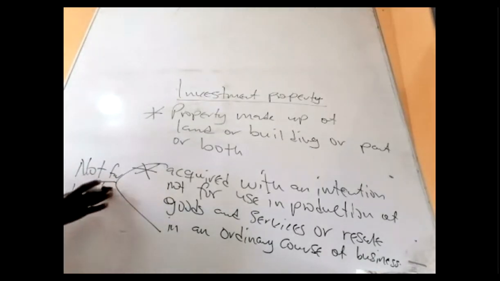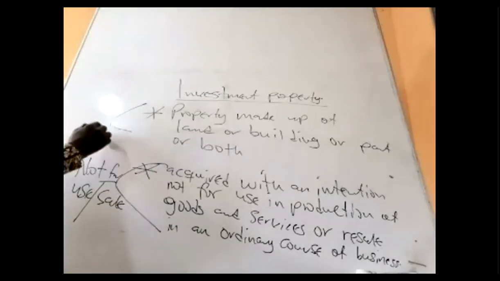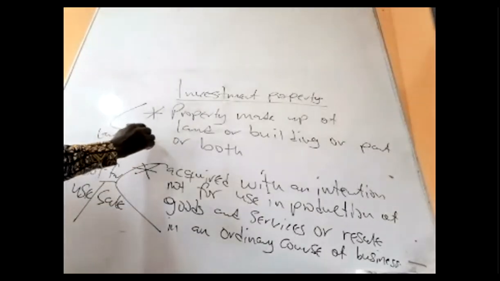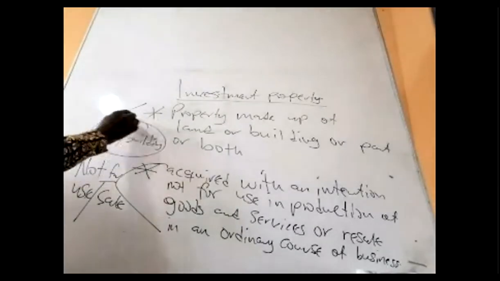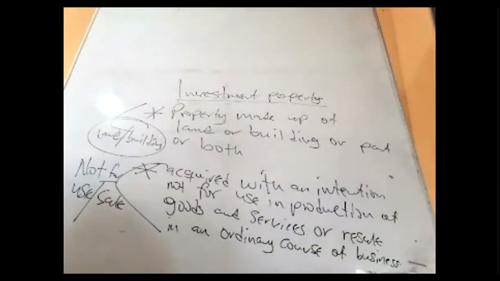And the first one, in summary, is saying that it is land or building. So in short, investment properties are land and building not for use or sale. That is the summarized version.